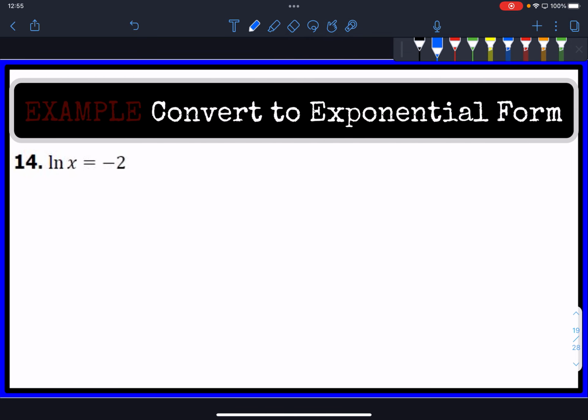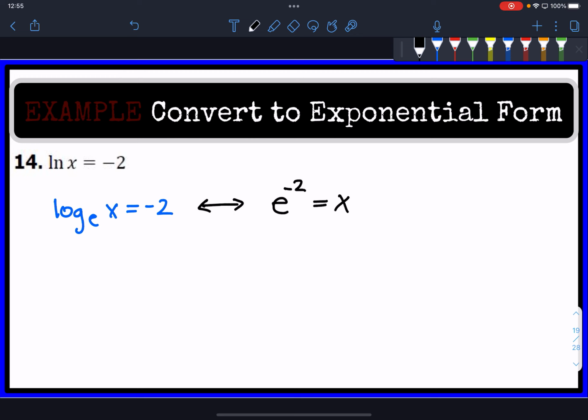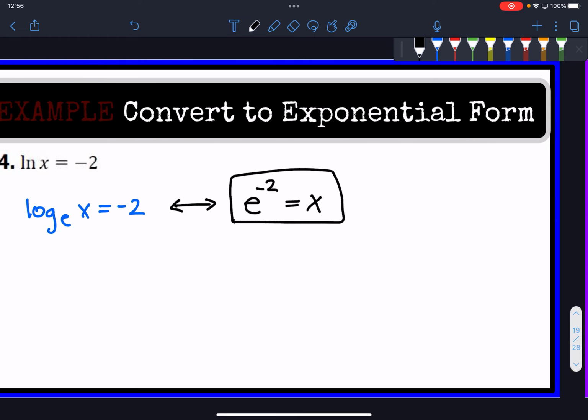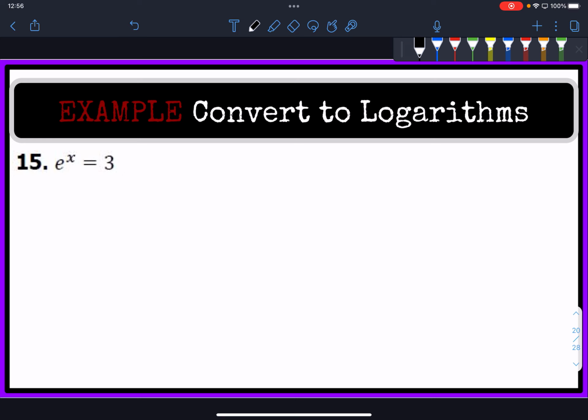For example, this is the equation of the log base e of x equals negative 2. Therefore, I can write this as e to the negative 2 equals x. And of course, I can also go backwards. Because our base is e, I can write this as the log base e of 3 equals x.